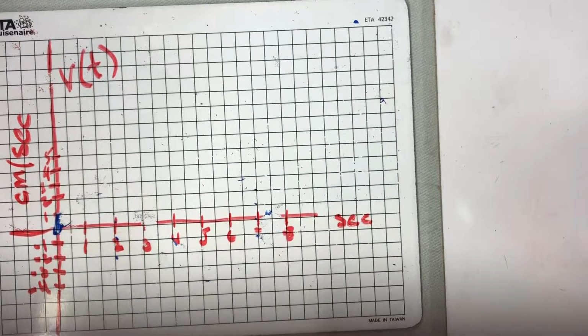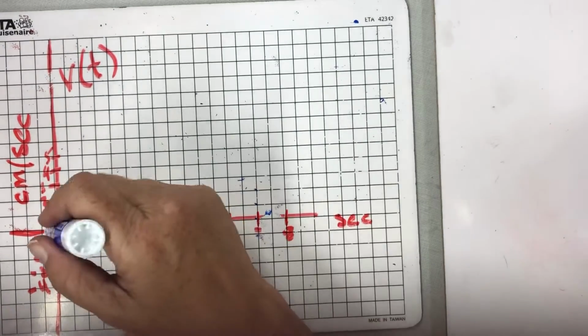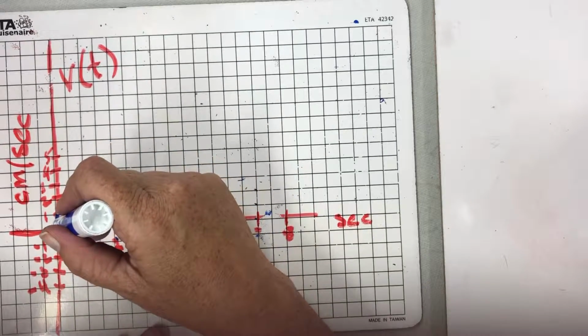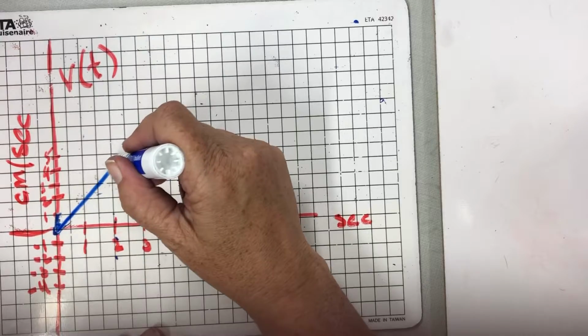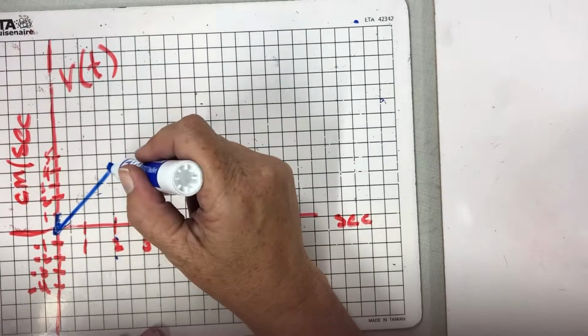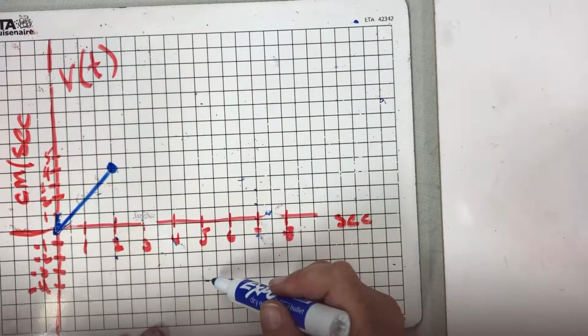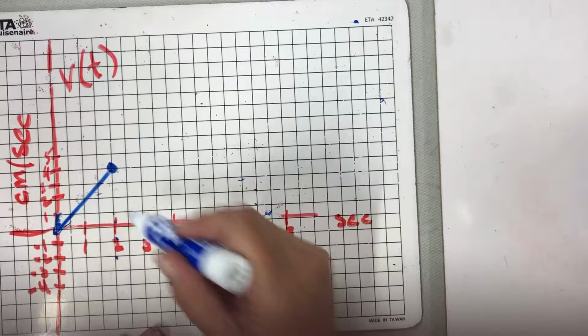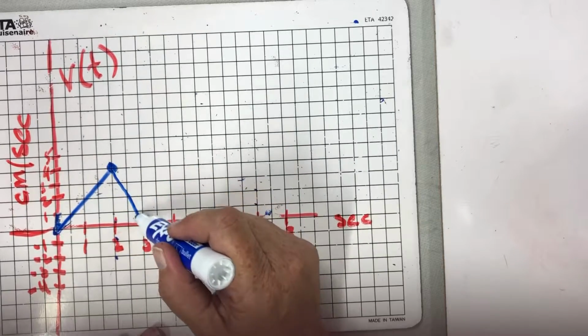So I'm going to just make up some points here. I'm going to look at how we went here. So I just put a point at 2, 4. Then I'm going to put another point at 4, -4. I'm going to connect those with a straight line.